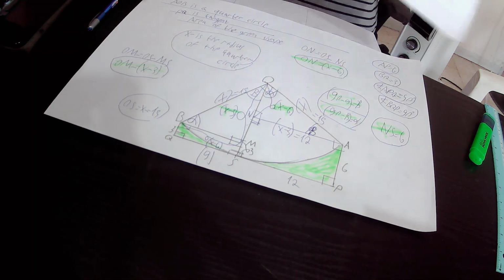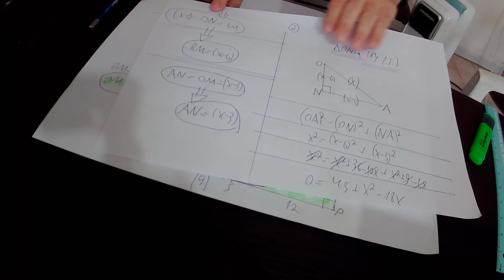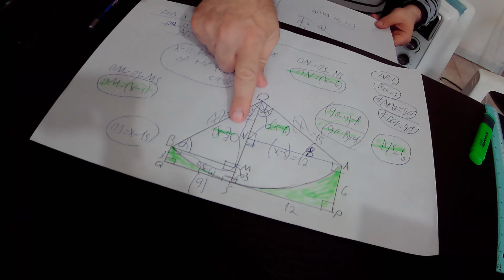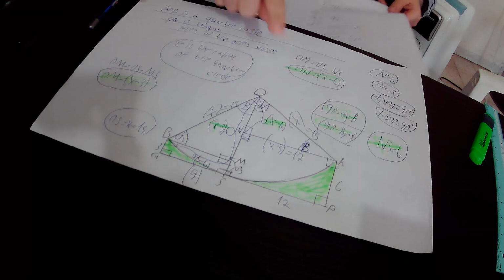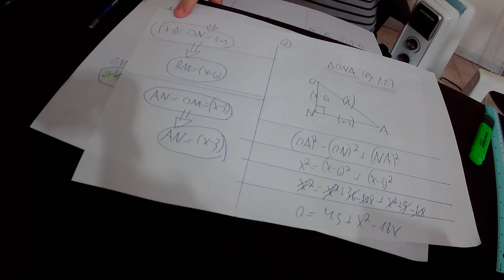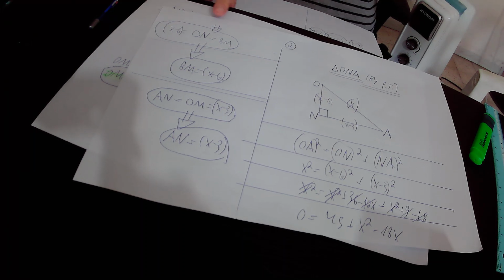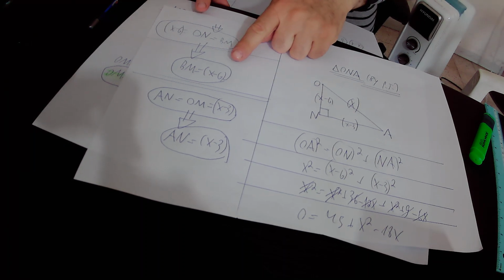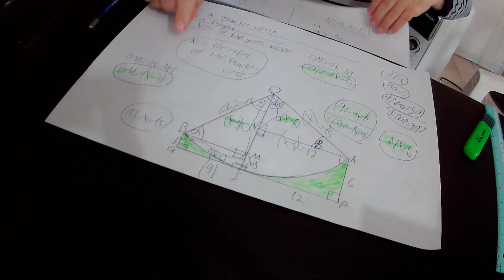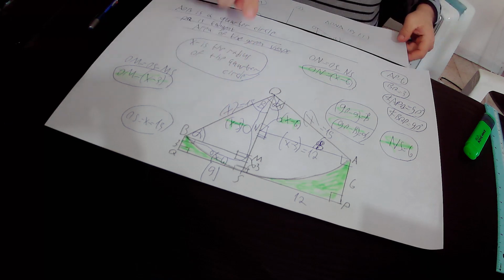Repeat again: ON equals BM. But we have already found out that ON equals x minus 6. So from the equation x minus 6 equals ON equals BM, we derive that BM is also equal to x minus 6 units in its length.